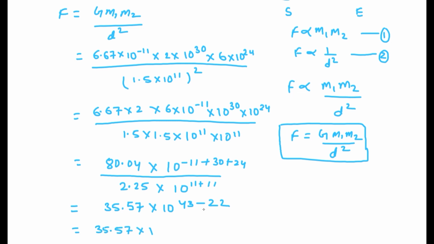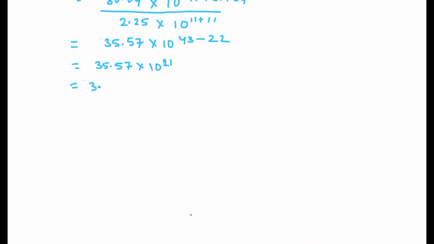So 35.57 into 10 to the power 43 minus 22, which is 21. But we can write this as 3.557 into 10 to the power 1 into 10 to the power 21.